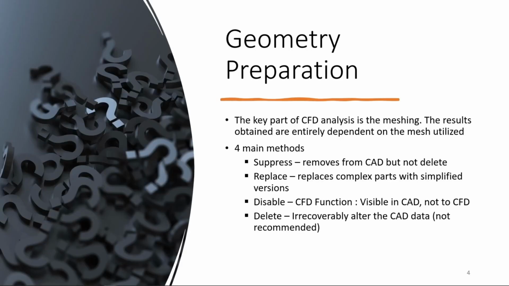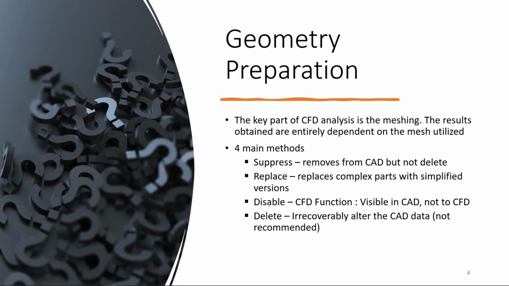So before we start the analysis, the key here is the geometry preparation. We do the geometry preparation so that our meshing is really optimized. All the results obtained are entirely dependent on the mesh utilized for the model. So four main methods of geometry preparation are suppress, replace, disable, and delete.